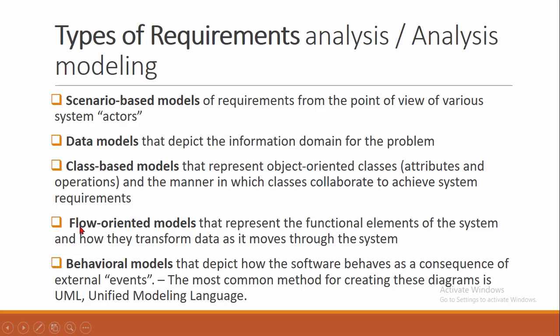Next we have flow oriented models. Flow oriented models represent the functional elements of the system and describe how they transform data as it moves through the system. So it shows how the data flows through the system. Next we have behavioral models. Behavioral models describe how the software behaves as a consequence of external events.